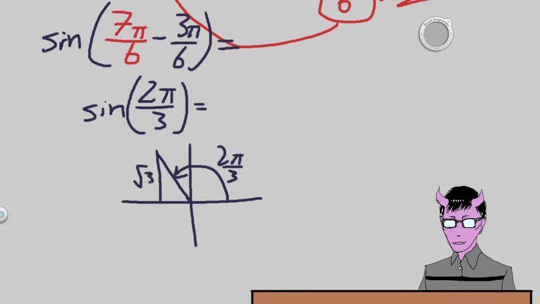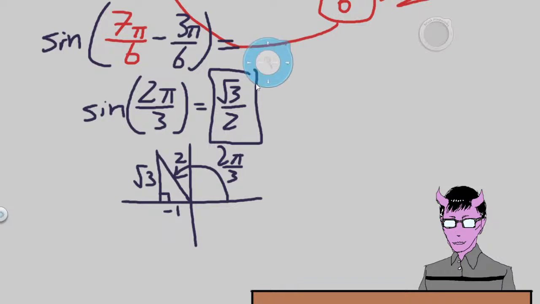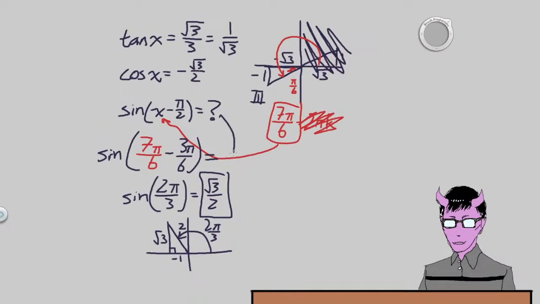So that's going to be opposite of root 3. Adjacent is -1. We don't care about that since this is sine. And then the hypotenuse is positive 2. So sine of this particular angle is going to be opposite root 3 over hypotenuse of 2. So that should be the final answer for this problem. That is that.